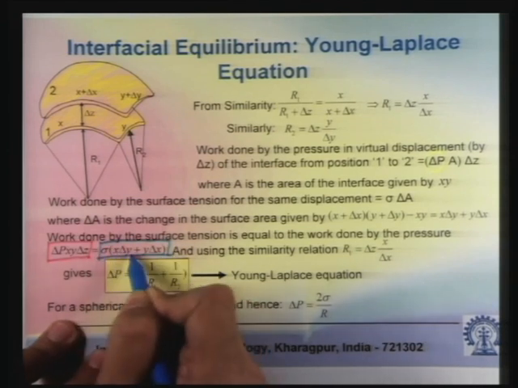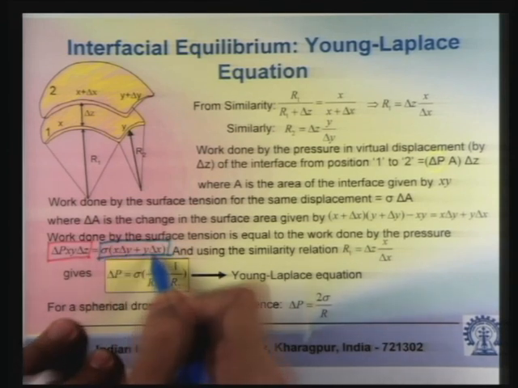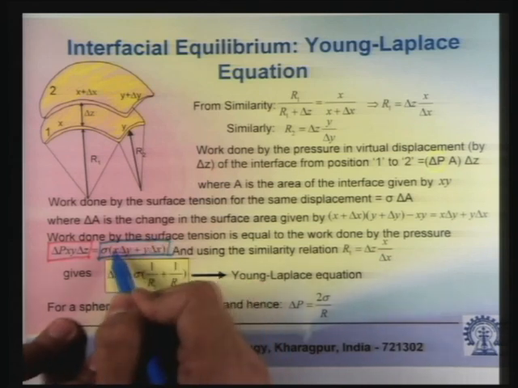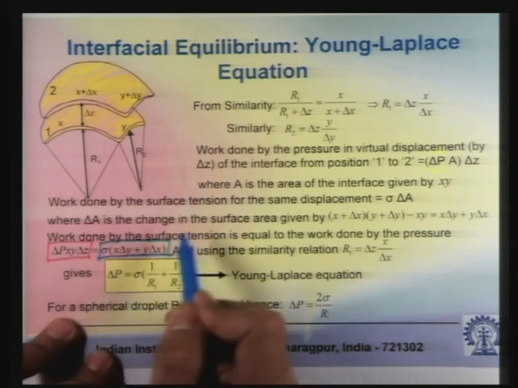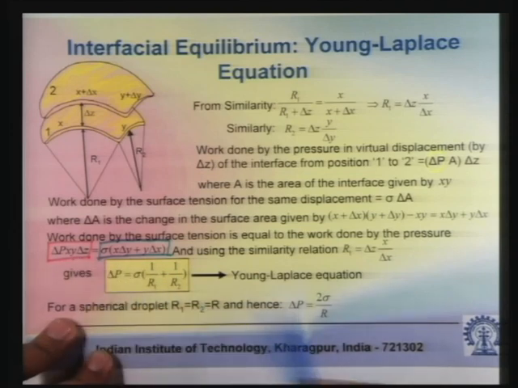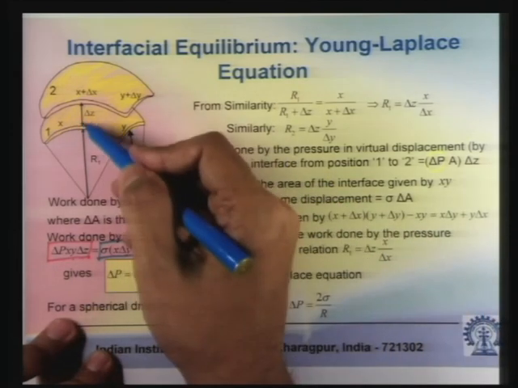This x into delta y plus y into delta x is the additional area that has been created. That times sigma, the surface tension coefficient, is the surface energy.